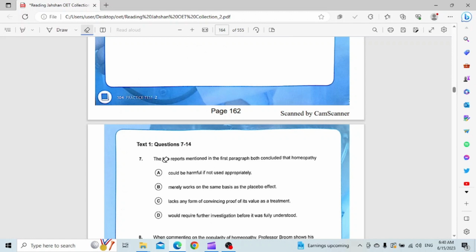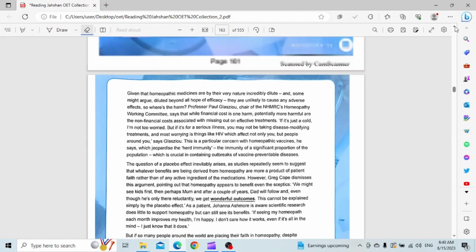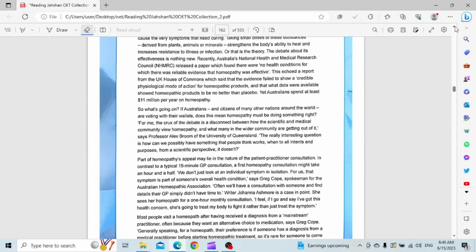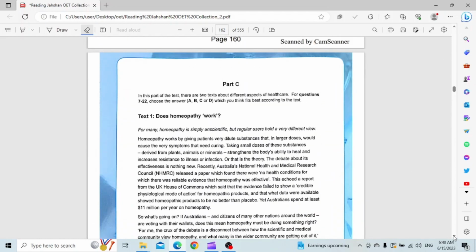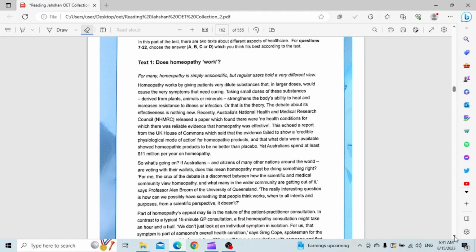So first of all, you have to read the question. The two reports mentioned in the first paragraph both concluded that homeopathy, as we said in Part B, it's the same as Part C. Some questions are talking about the whole point of view of that paragraph, and some are talking about a specific thing in the paragraph.